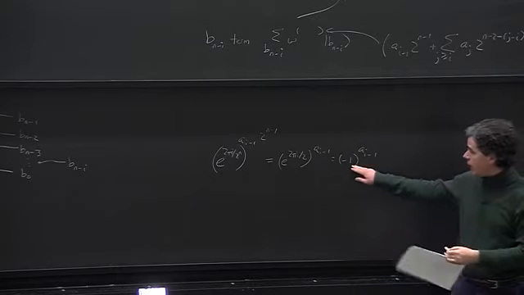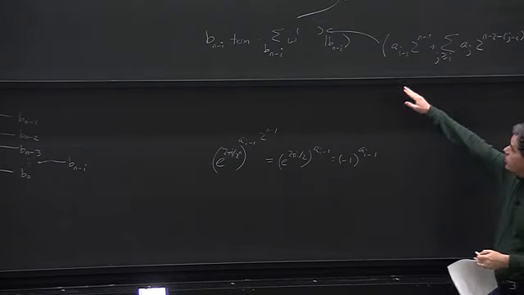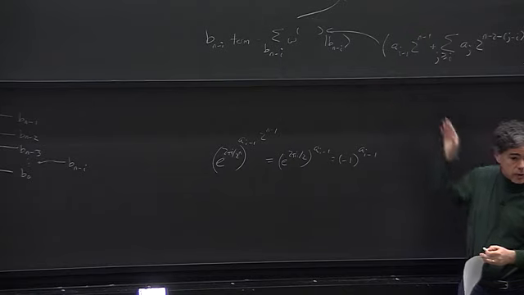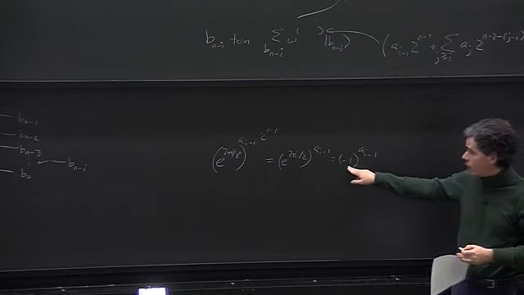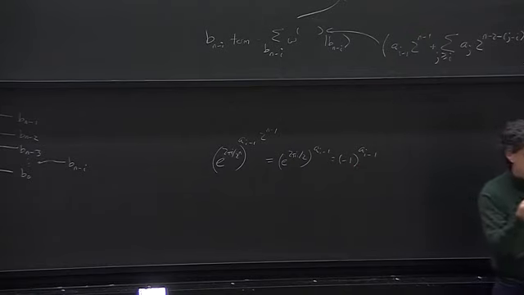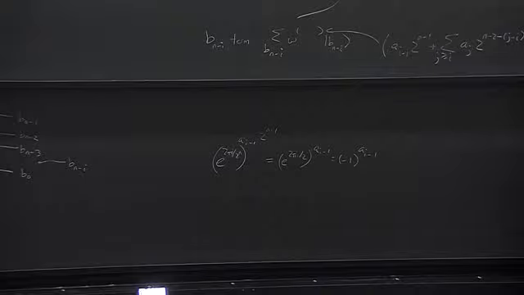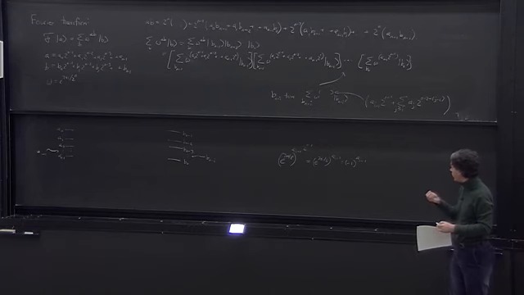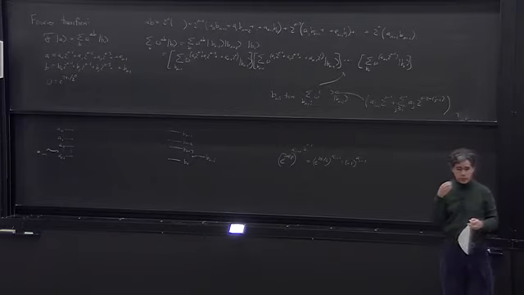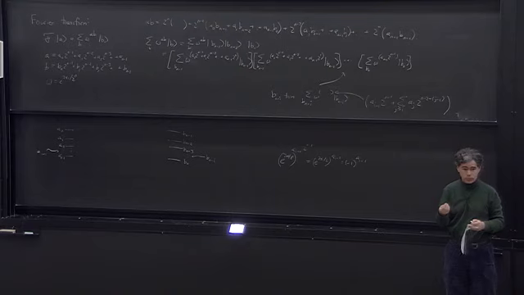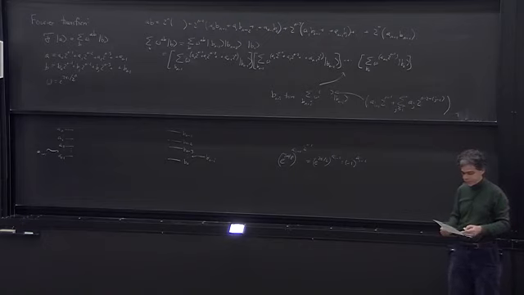This is a multiplicative factor because it's a sum in the exponent. So for this particular qubit, we should have a phase of minus 1 if the input qubit was 1, and a phase of plus 1 if the input qubit was 0.